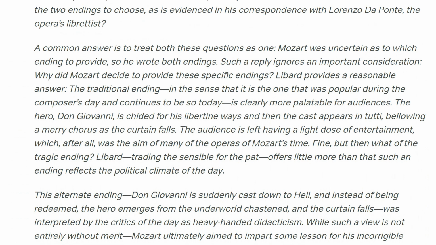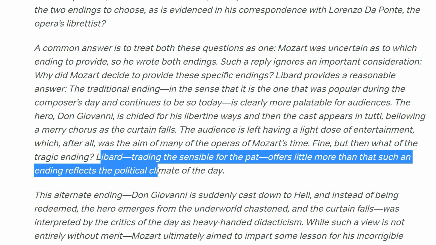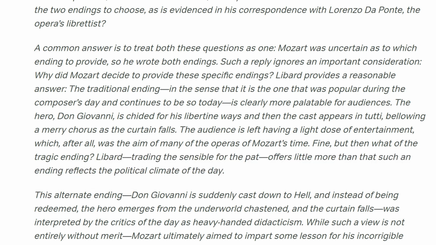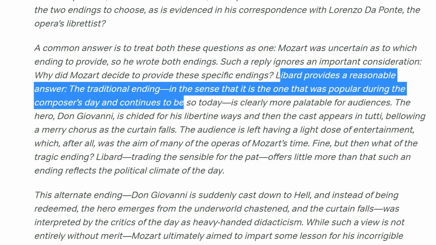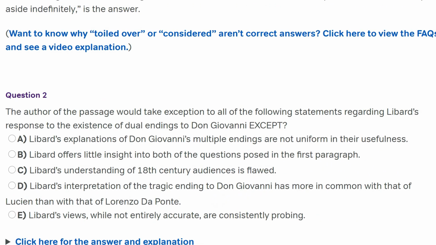And then the other one, he was like, Leibard trading the sensible for the pat, like a little slap. Leibard's not really being sensible anymore when he says that it was also just because of the political climate of the day. So sometimes he's praising Leibard, sometimes he's not. So A is looking very good for something he'd agree with.